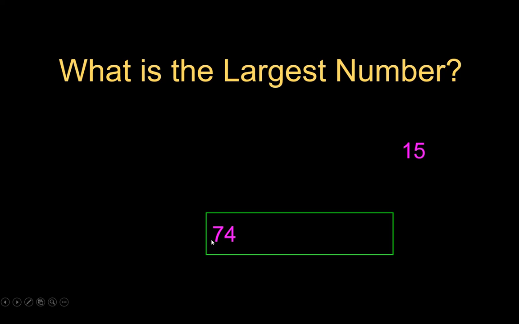And finally 74 is still bigger than 15, so 74 stays as the largest number. So this is the mindset or the procedure, let's say, that is used for finding the largest number in a program.